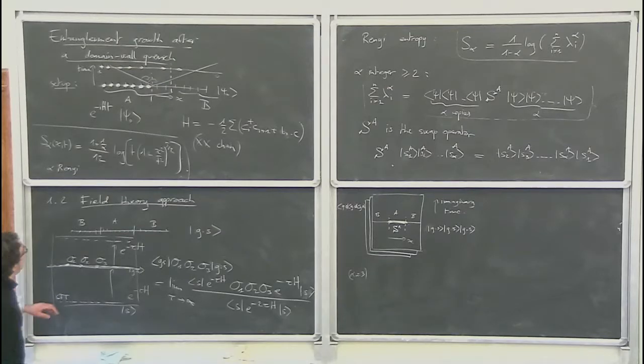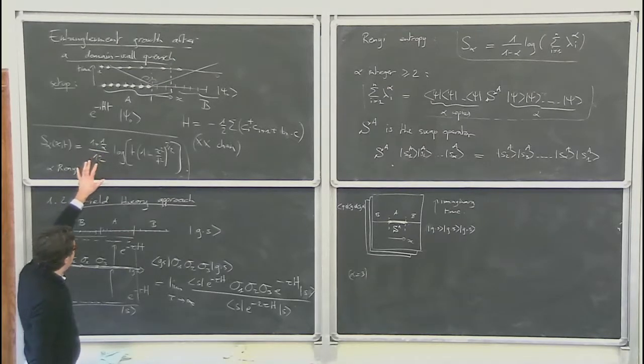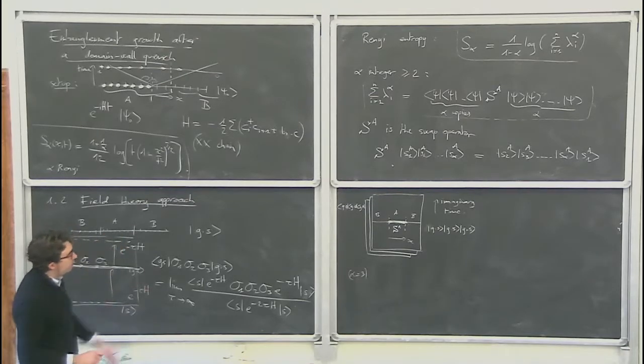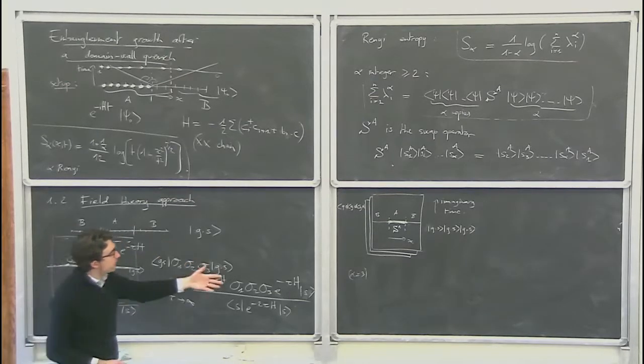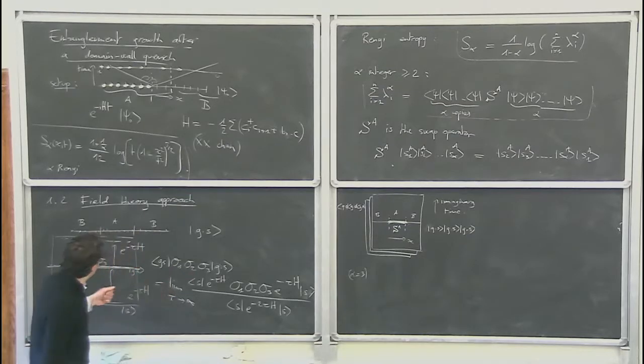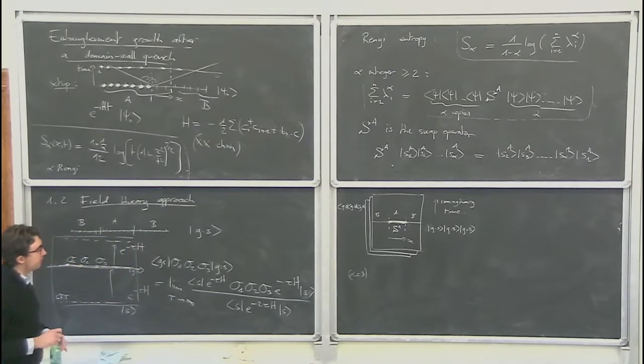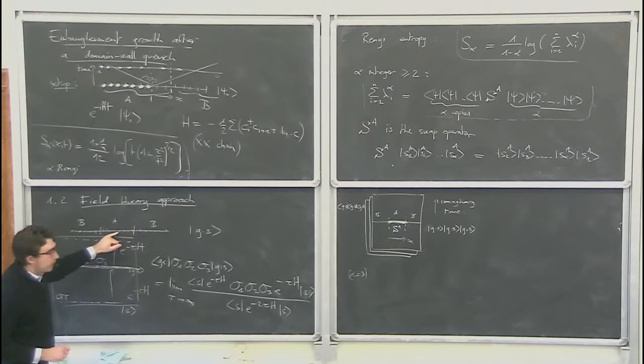So I'm going to come back to this later, but for now I need to explain the tricks that are involved in the calculation of entanglement entropies in conformal field theory, and to do that I want to focus on this simpler setup. So ground state in an infinite system, and I want to calculate the entanglement entropy of an interval.